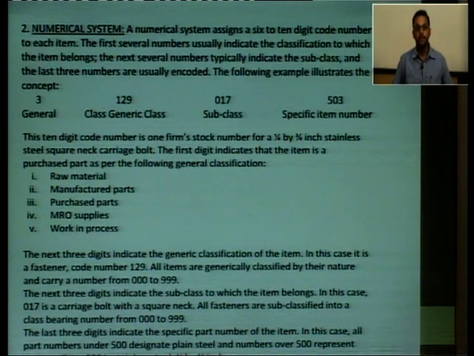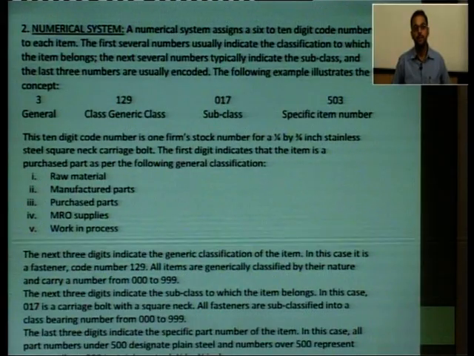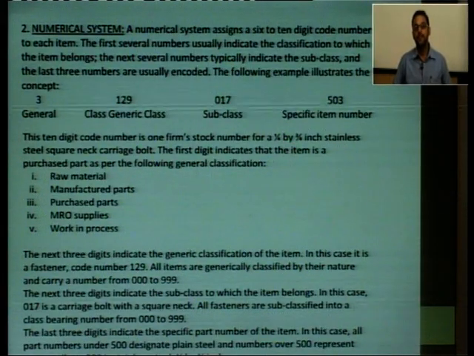Number 1 shows raw material, number 2 manufactured parts. The 10 digit code number is one of the firm's stock numbers for a 1/4 by 3/4 inch stainless steel square neck carriage bolt.